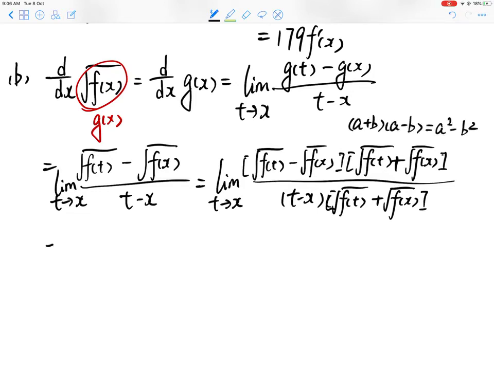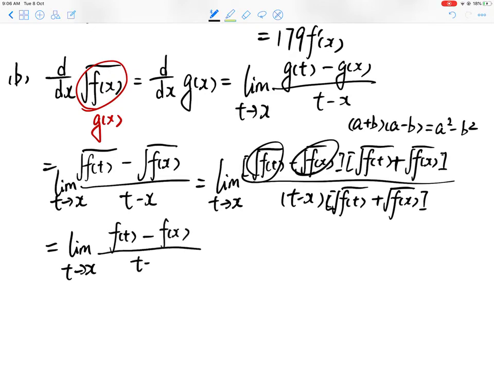So it's the limit of: a squared is f(t), minus b squared, which is f(x), over t minus x, times the square root of f(t) plus the square root of f(x).